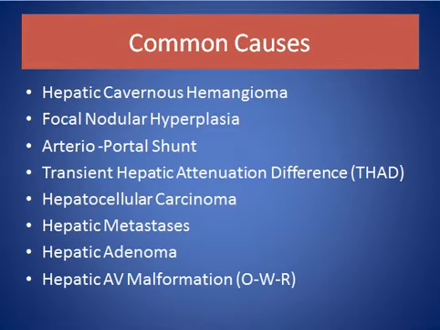The common causes of hypervascular focal liver lesion include hepatic cavernous hemangioma, focal nodular hyperplasia, arterio-portal shunt, transient hepatic attenuation difference, THAD, hepatocellular carcinoma, hepatic metastases, hepatic adenoma, and hepatic AV malformation, Osler-Weber-Rendu syndrome.